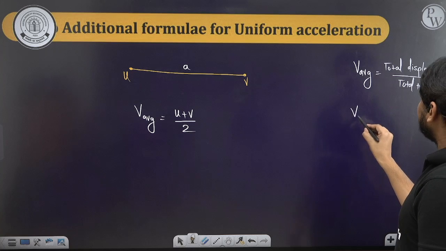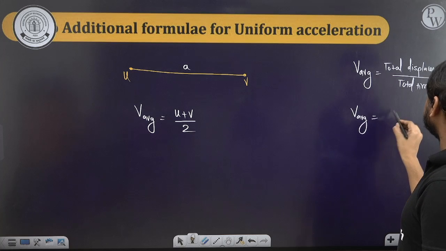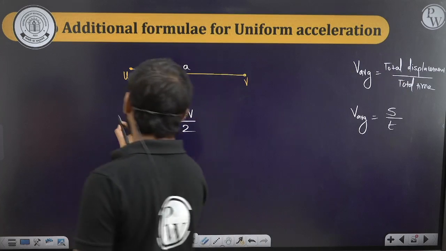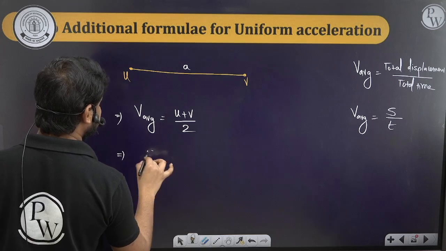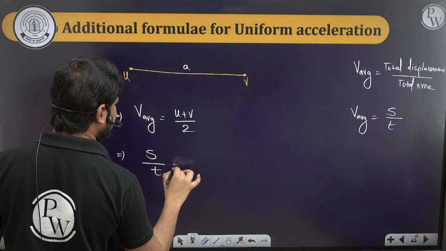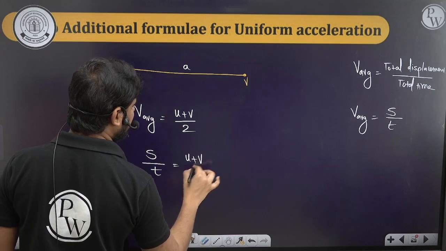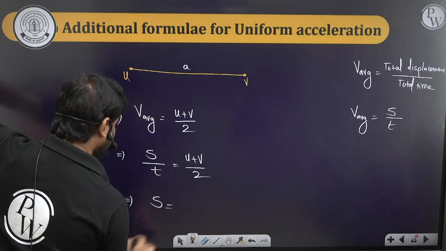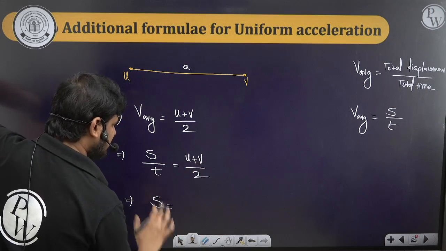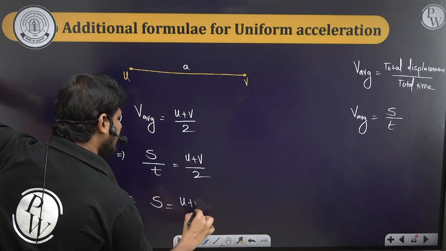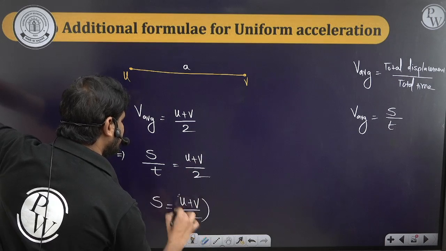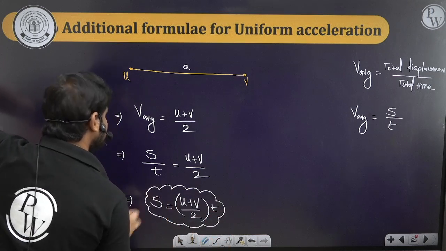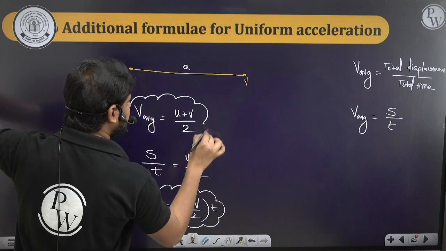So V average is equal to, what's the total displacement? S. What's the total time? T. So U plus V by 2 is equal to S by T. So from here, the displacement covered by the body in terms of initial velocity, final velocity and time is given by U plus V by 2 into T. This is also one of the important formulas that you should remember.